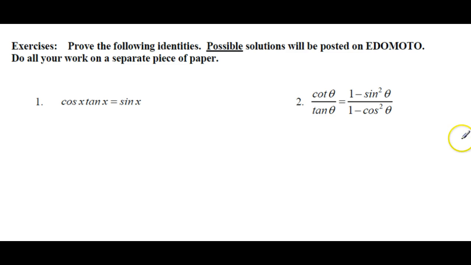Yeah, exercises. Well, first of all, it's not even Edmodo, it's Schoology. Do all your work on a separate piece of paper.